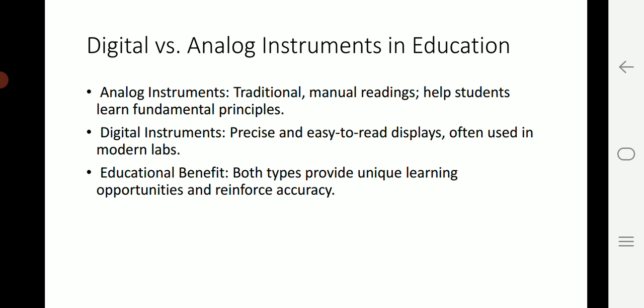Using analog and digital, the benefits are that both provide unique learning opportunities and reinforce accuracy. Analog is fundamental to use without any help. It can be measured using your eyes and hands. Digital is also very useful to be precise and reduce time complexity and errors like parallax errors and environmental errors.